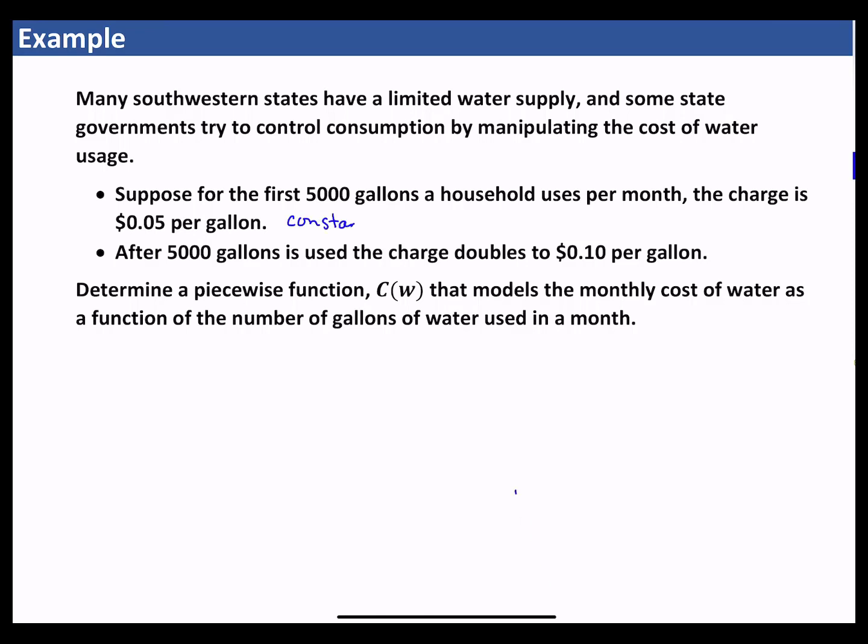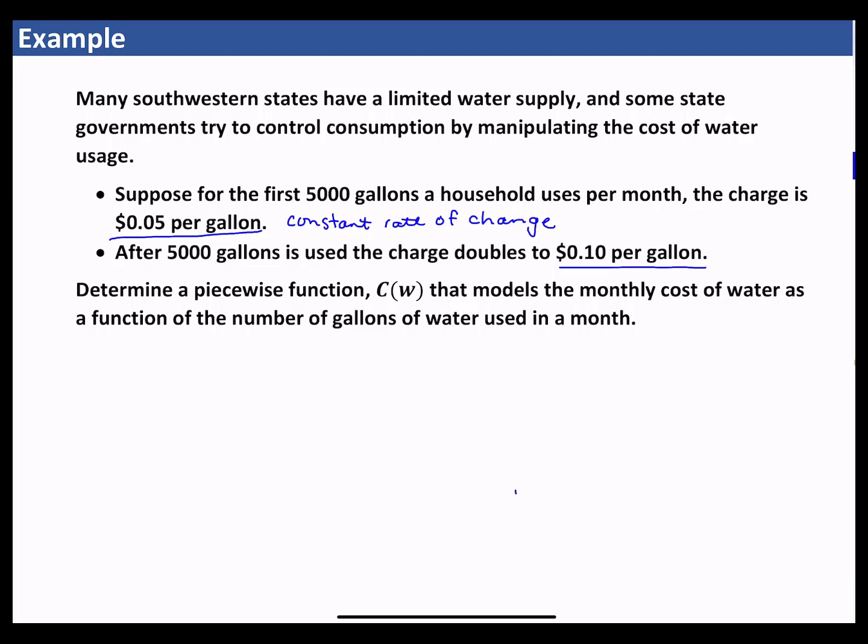So we have a constant rate of change, 5 cents per gallon. And after 5,000 gallons is used, the charge doubles to 10 cents per gallon. And that's also a constant rate of change. So we do know that we're going to have some type of linear functions modeling these situations.